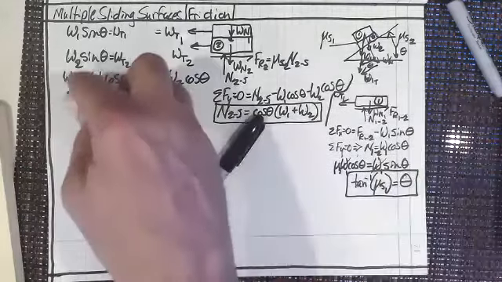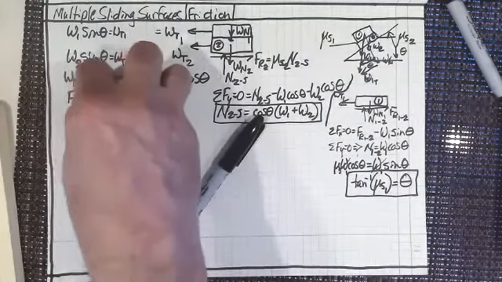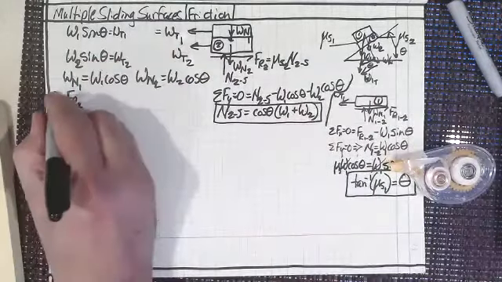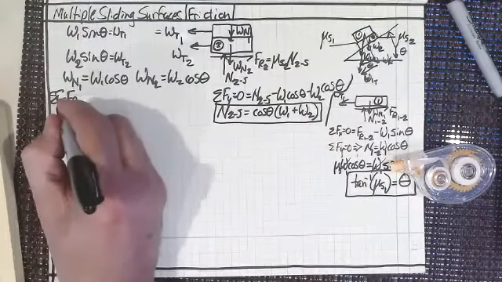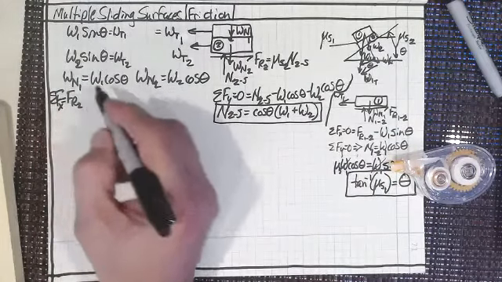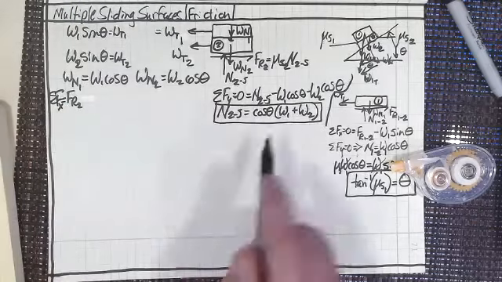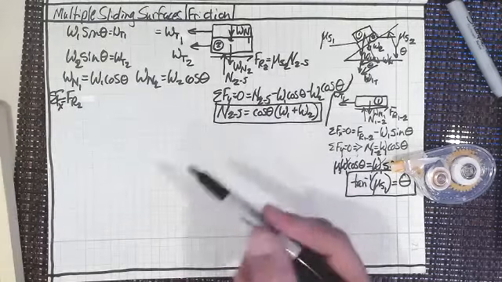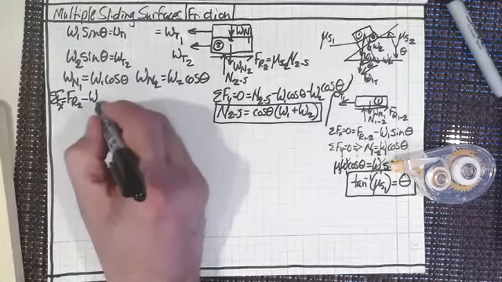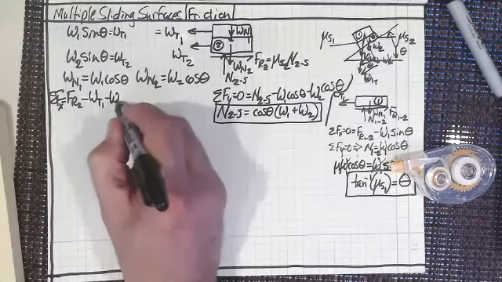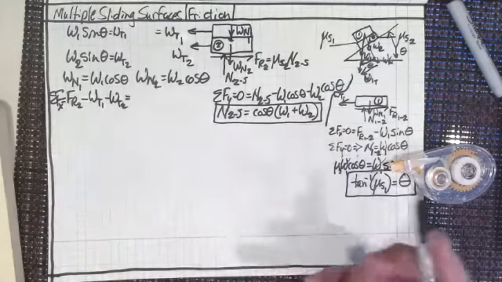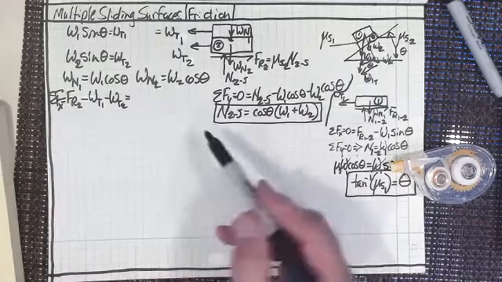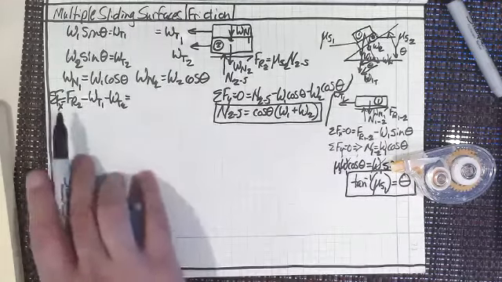Here, let me get rid of this for a second. Now, if I'm summing the forces in the x direction equal to 0, right? So summing the forces, it's going to be f sub r2 minus wt1 minus wt2. Now, if I'm going to write that out, this is going to be mu sub s.